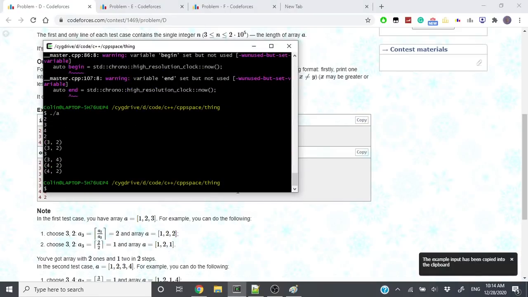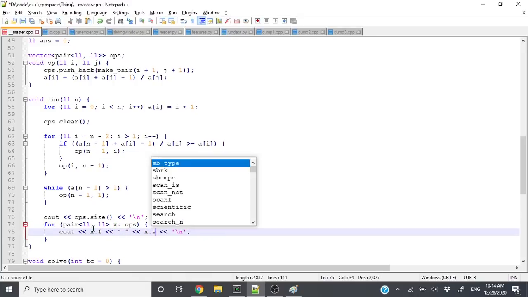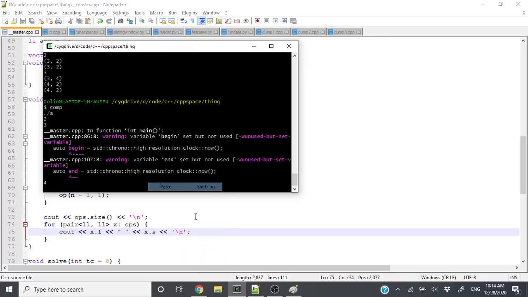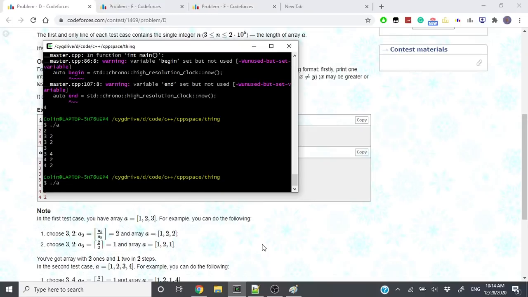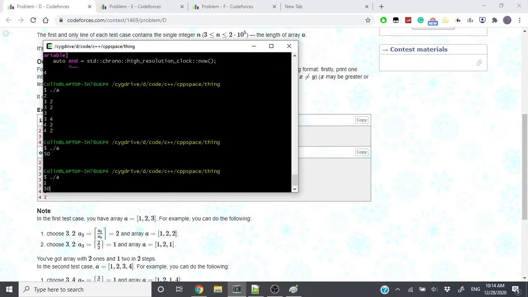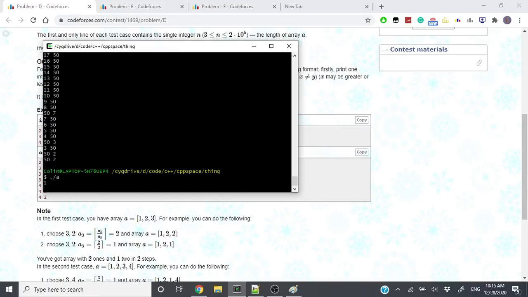I don't want to do that. Well, it is the same operations they have, although I'm not sure if it'll work for bigger ones. So 50. No. 50 uses 51.